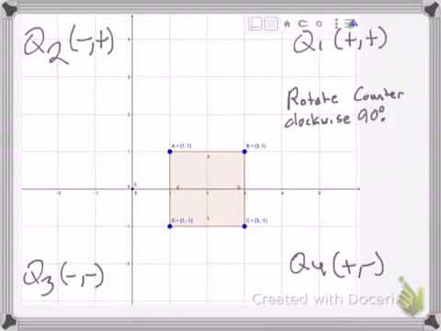Right here, I'm going to rotate clockwise 90 degrees. Again, I've listed your quadrants here. So you pay attention to what quadrant you start in and what quadrant it's going to end up in.